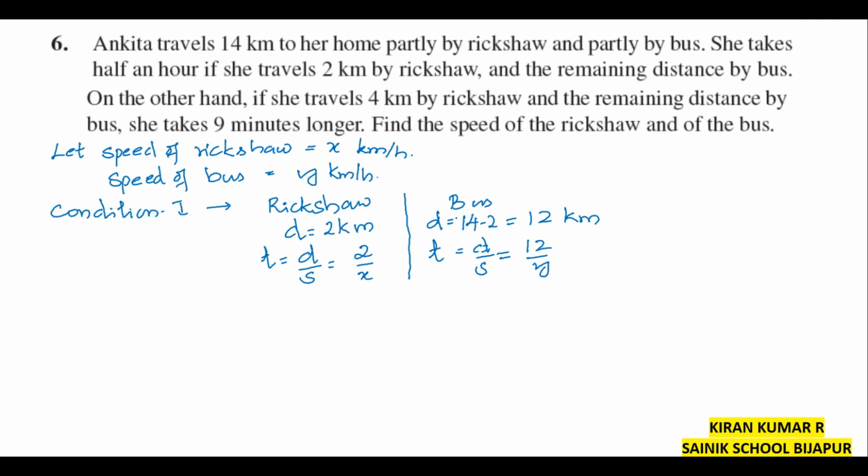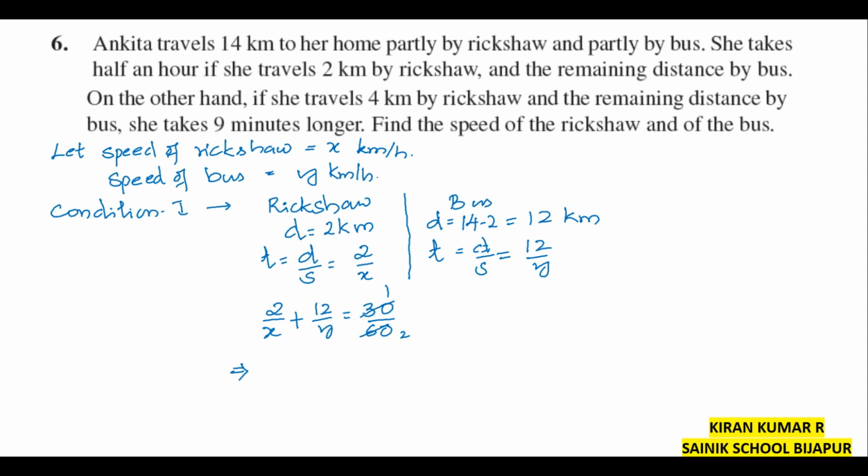This is the time taken by rickshaw and the time taken by the bus, and the total time taken is half an hour, which is nothing but 30 upon 60 hours. So the first condition becomes 2 by x plus 12 by y equal to 30 upon 60. Here I can take 2 common throughout.